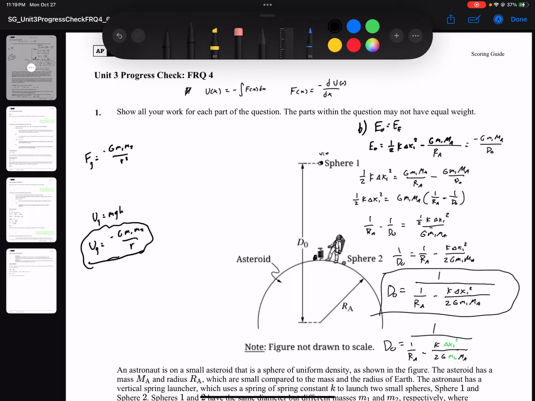You can also review the progress checks that you've been doing. It's been a fairly short chapter, so it's not really too much content. I feel like this is the only part that is going to trip people up, because that's the only stuff that's really new. A lot of this other stuff we've seen before. It's just a matter of actually being able to do problems that involve these integrals and derivatives.